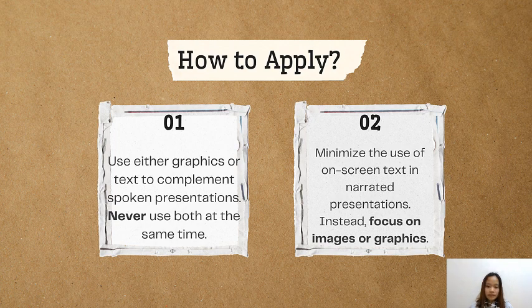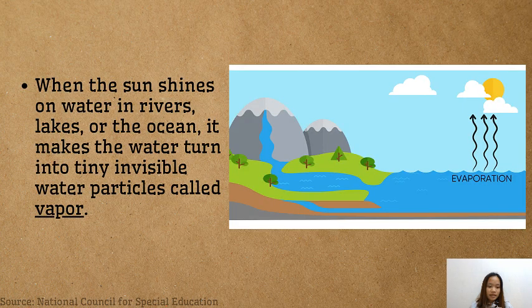Here is an example. In this slide, I've shown you words and also graphics, and then I would tell you, when the sun shines on water in rivers, lakes, or the ocean, it makes the water turn into tiny invisible water particles called vapor. Although it's a very short one, it's still a redundancy because I've read from the slide.